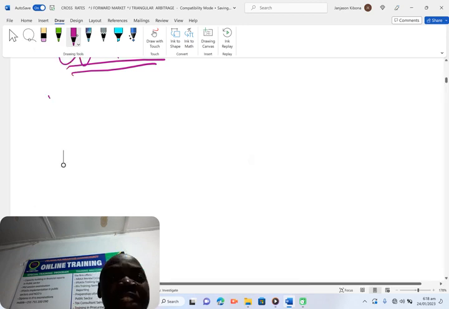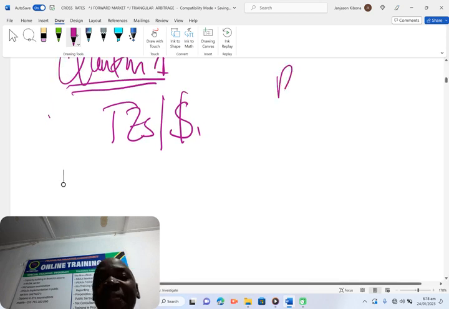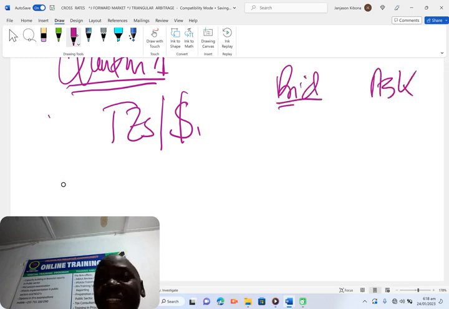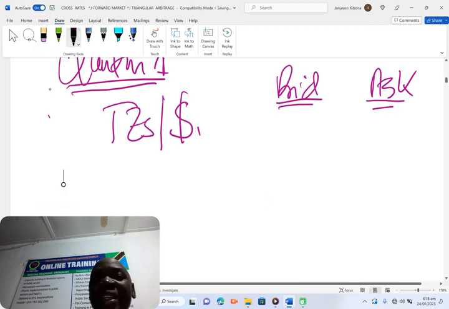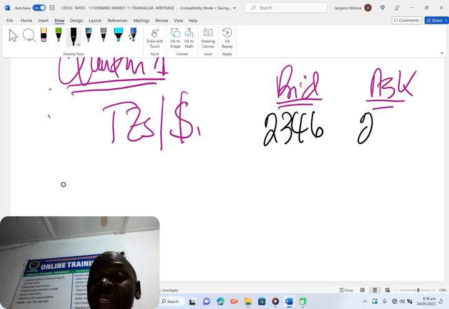If it is quoted that TZS stroke USD, so you are having what? Bid and what? Ask price. Am I clear? If this quotation is made as follows: 23.46 and 25.71. This is a quotation.